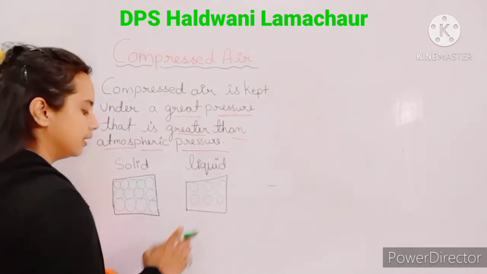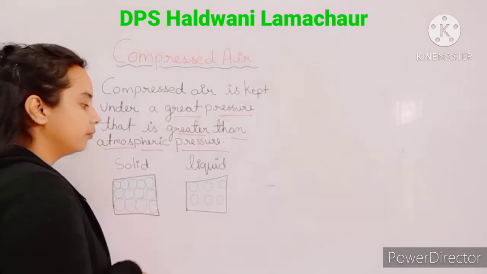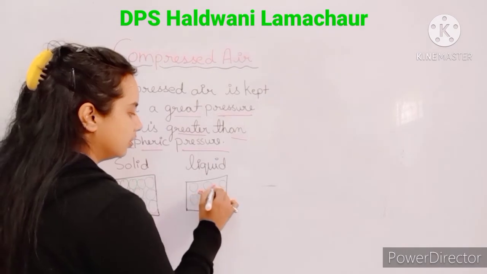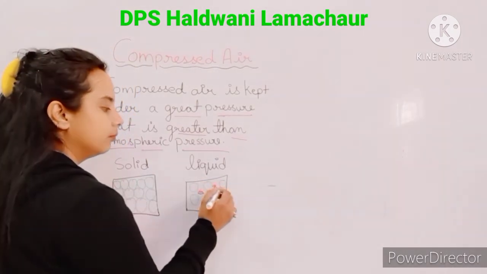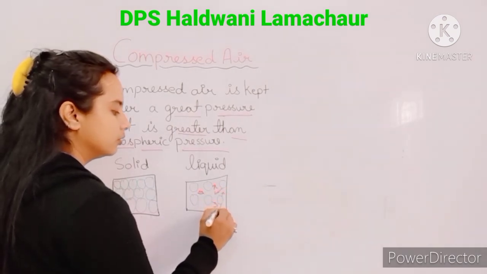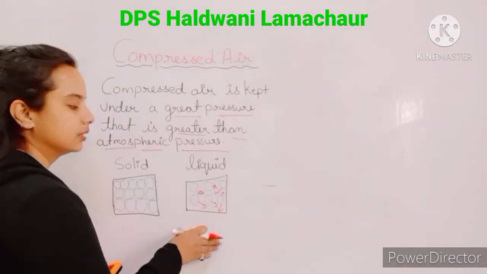You can see these intermolecular spaces. So these molecules can move from here or there. So they can show movement in the different parts.